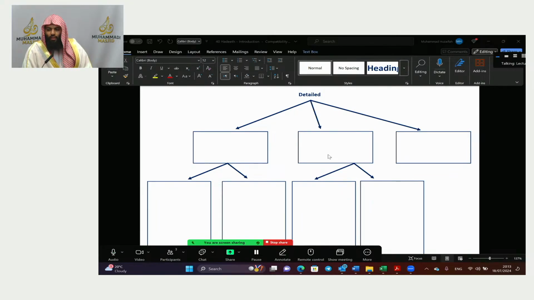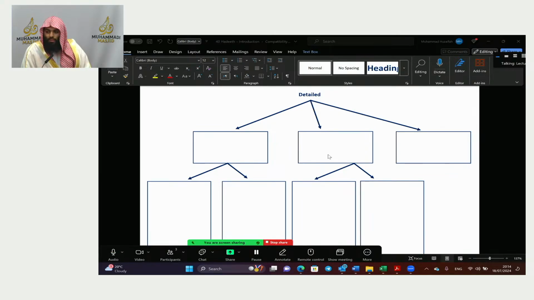And the other type of Sahih is Sahih li ghayrihi, Sahih by others or due to others. Sahih due to others. Sahih li ghayrihi: lam, ghayn, ya, ra, ha.